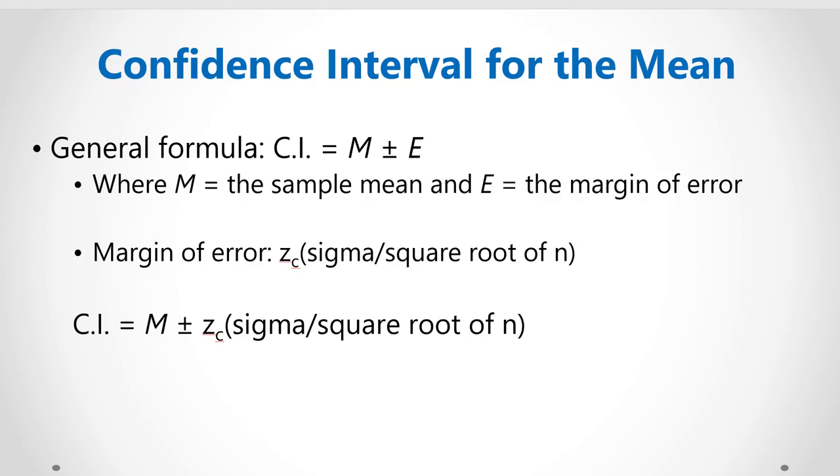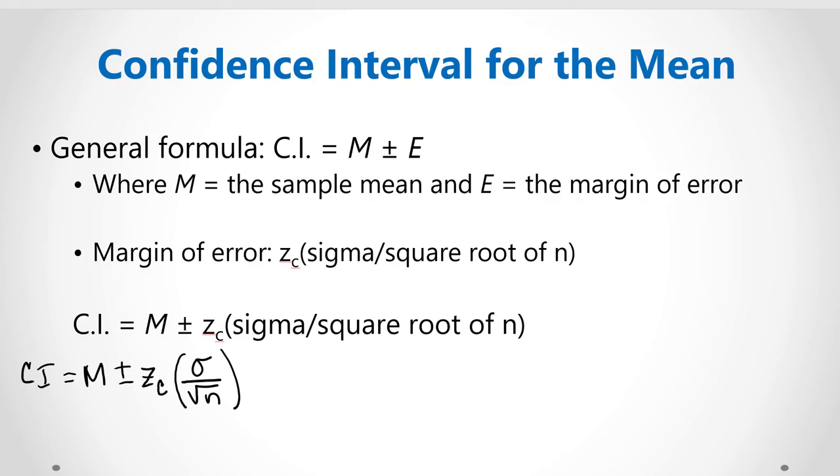The confidence interval, so CI, is equal to the sample mean plus or minus z critical times sigma over the square root of n.